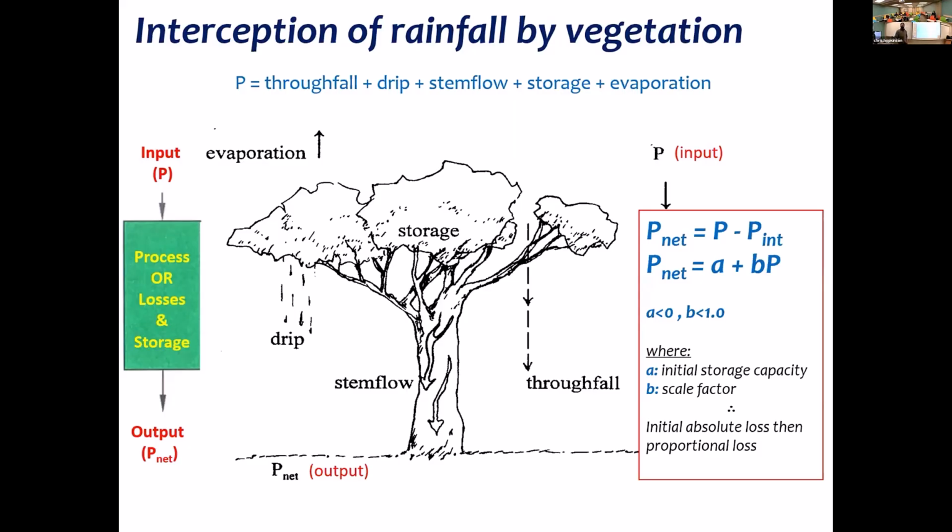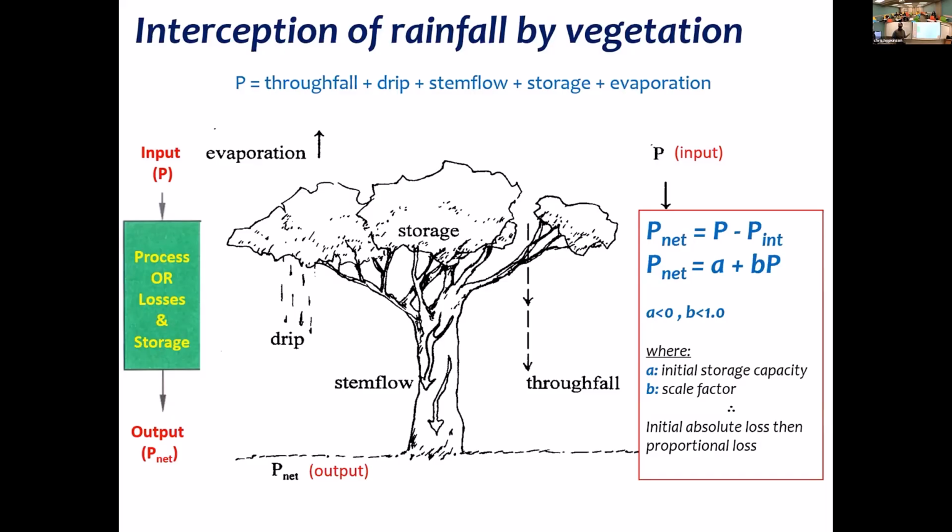And the reason I wanted to present this, even though we've already discussed it a little bit, is that here we can see the systems representation. We've got input precipitation, and output precipitation or net precipitation. Here's where all the processes happen. And remember, we can very often refer to these processes as storages, or retention or detention storages.